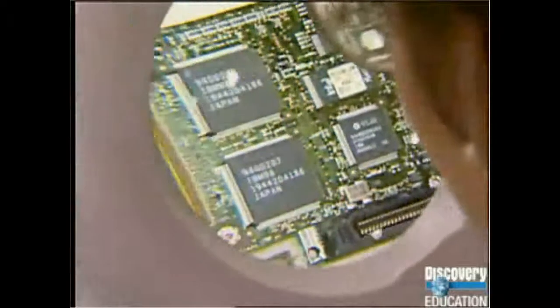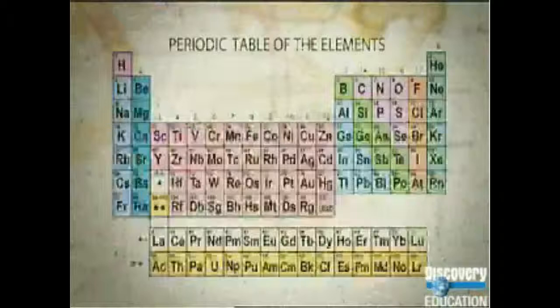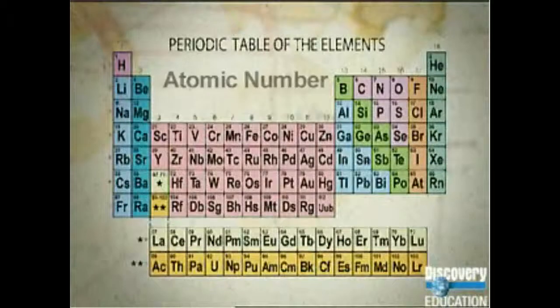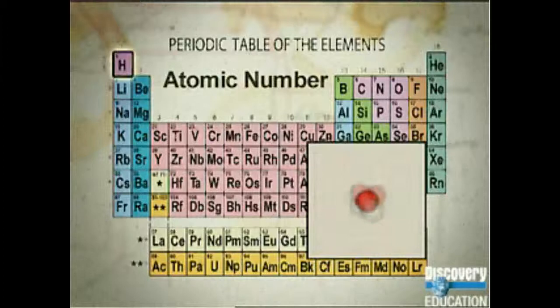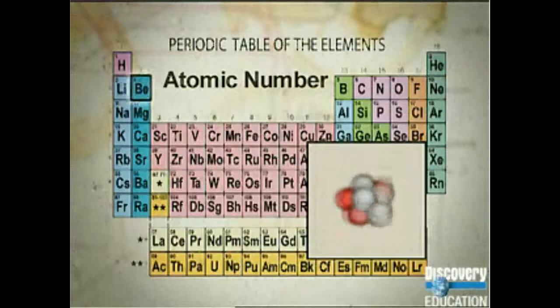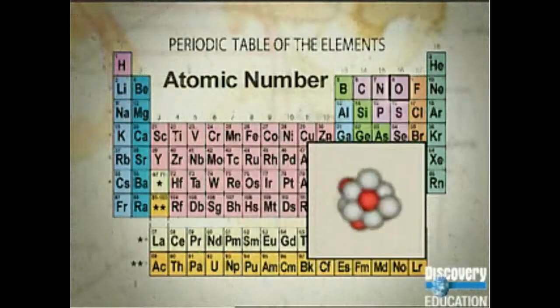The unusual appearance and behavior of the metalloids can be explained by taking a closer look at the periodic table. On the periodic table, the elements are listed in order of their atomic number. The atomic number represents the number of protons in an element's nucleus.